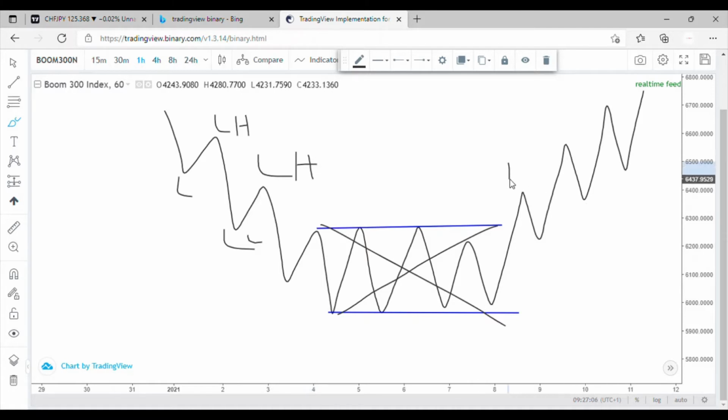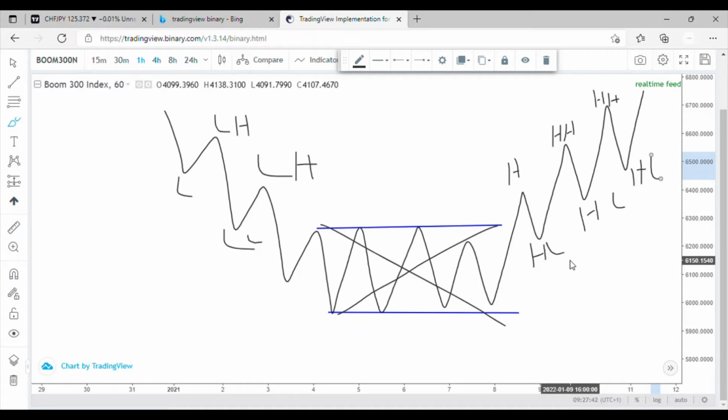Here you're going to have a high, a higher low, higher high, and a higher low, higher high, higher low.